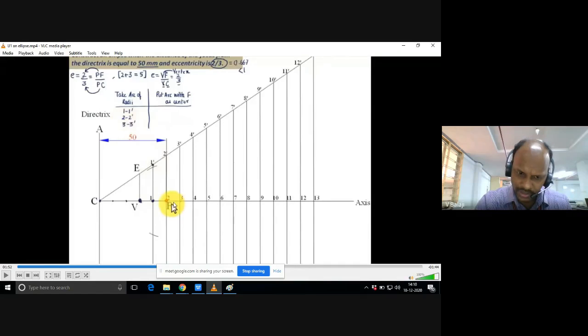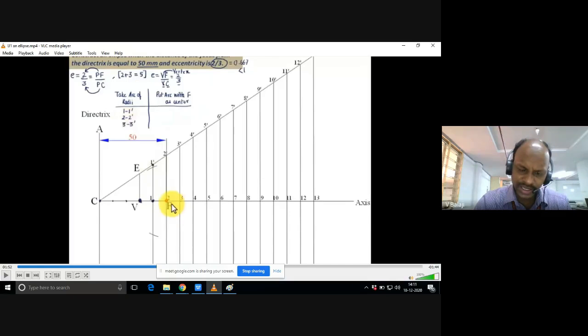I have shown you a red mark here, that is the focus point. The center of your compass is always the focus, whereas the radius is changing continuously. The first radius of your compass is 1, 1 dash.